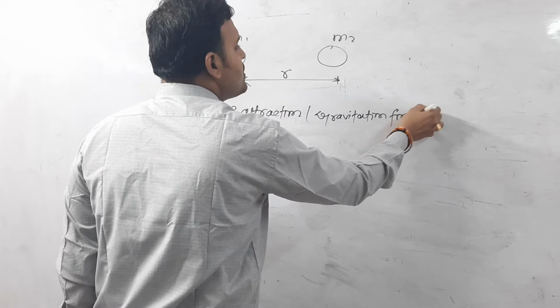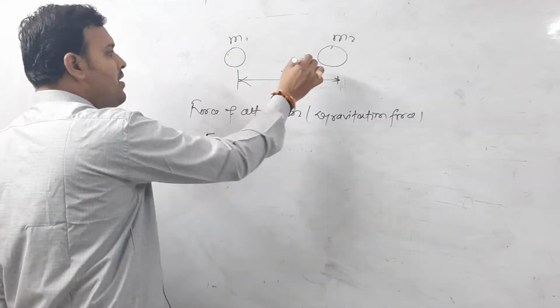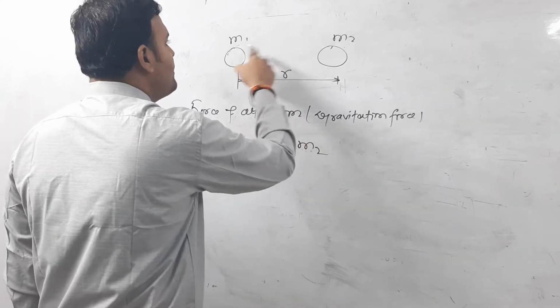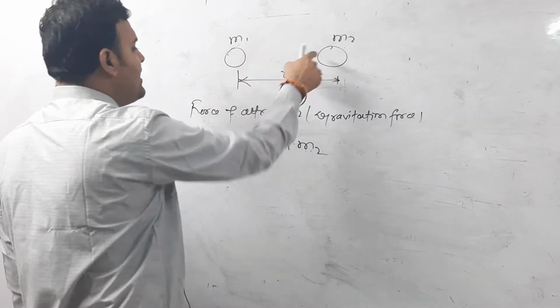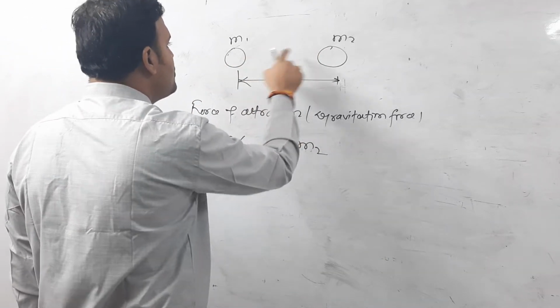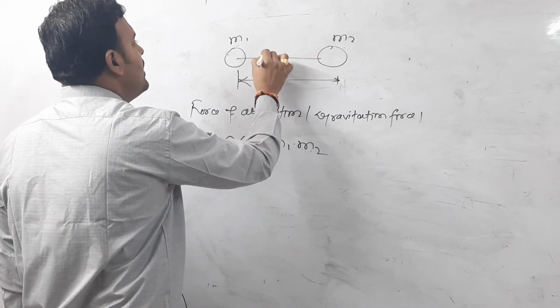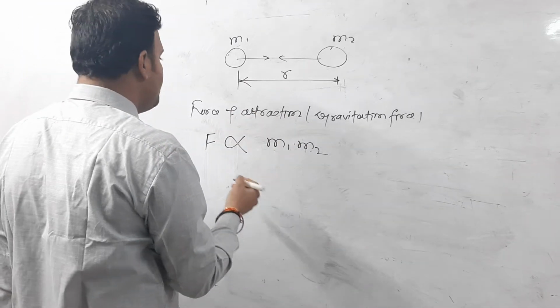Let's say that is F. So Newton says this F will be directly proportional to the product of the masses of these two objects.